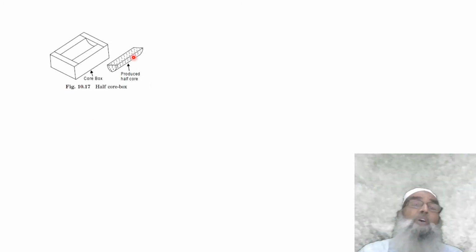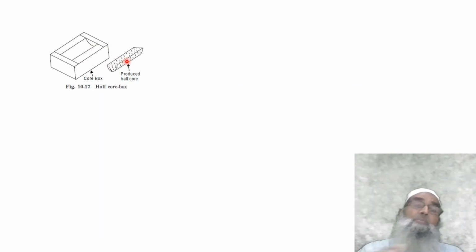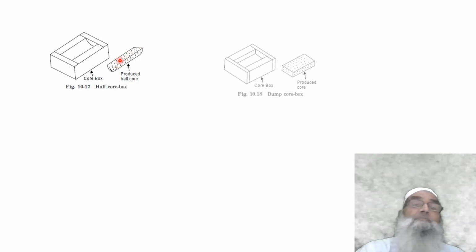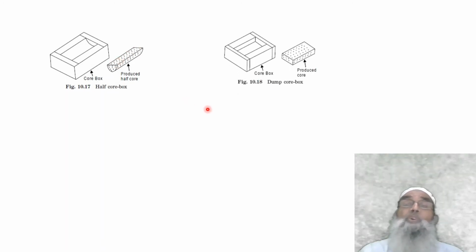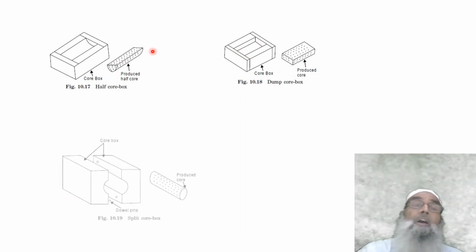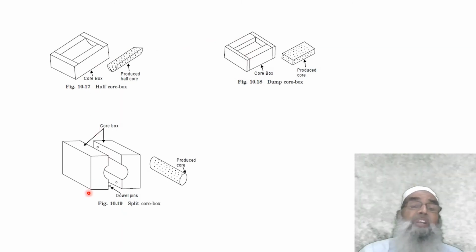Now, a half core box has a cavity that makes half of the core. Two such pieces make a complete core, and we have to assemble them together to have the complete one. There is also a dump core box, which develops a complete core, and a split type.